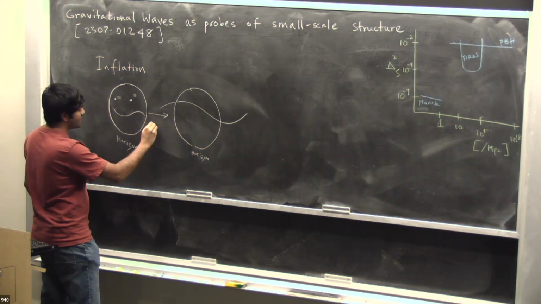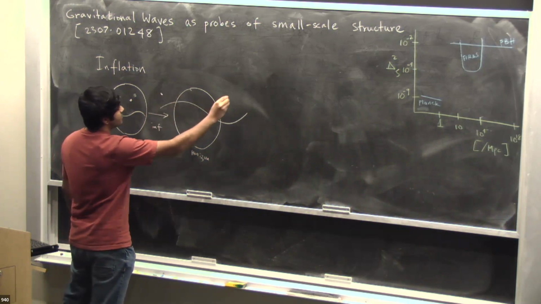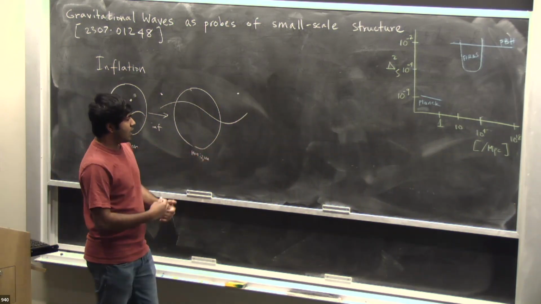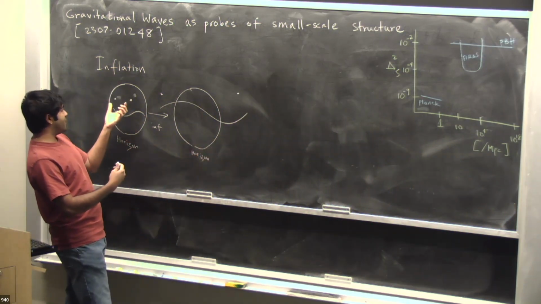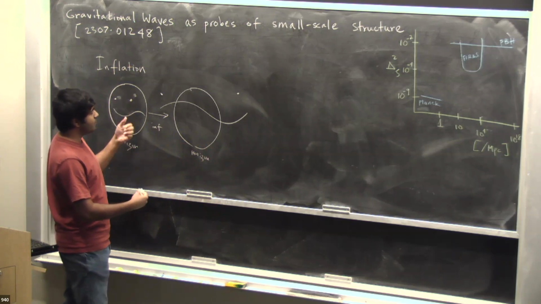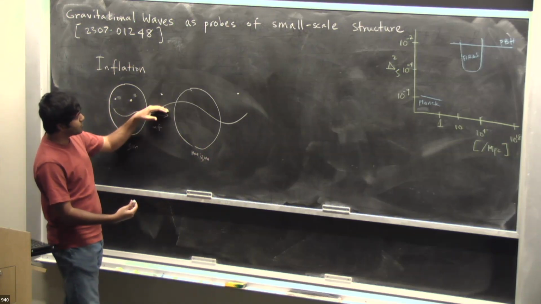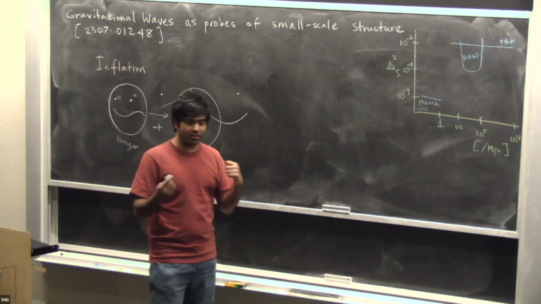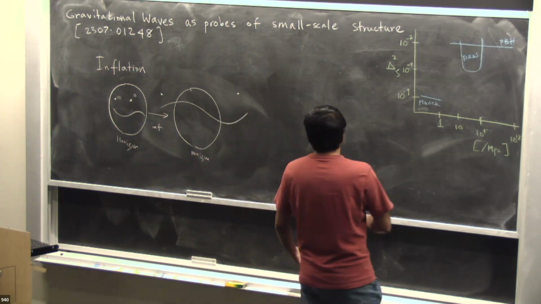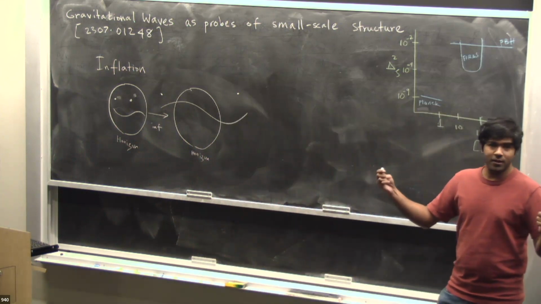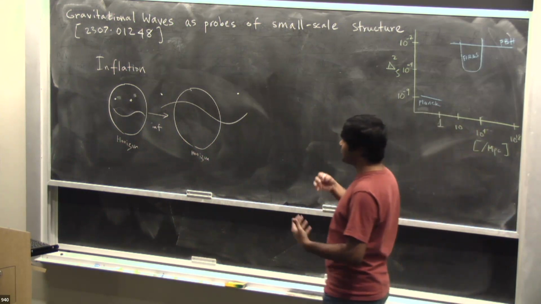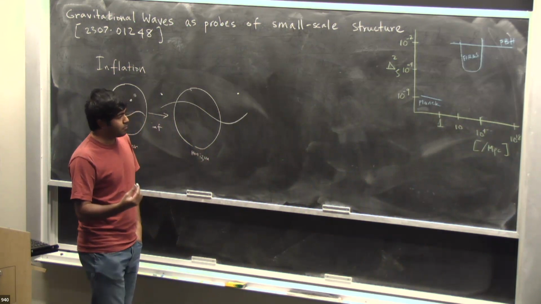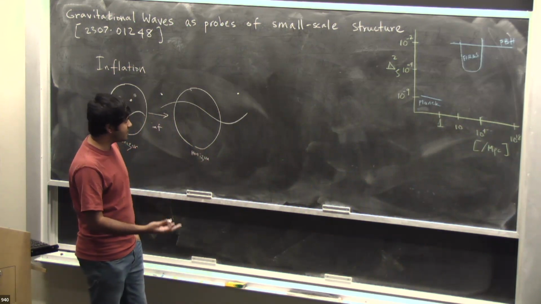But then as inflation was happening, these 2 points got separated by a distance that is much larger than the horizon. But the pure fact that they were inside the horizon at some very early time means that for these fluctuations that we eventually see in the CMB and the large scale structure, we expect correlations between them. So for example, if you compute the 2-point correlation functions of these density fluctuations, you expect to get a non-zero answer. And that is one of the primary probes we have of primordial physics.